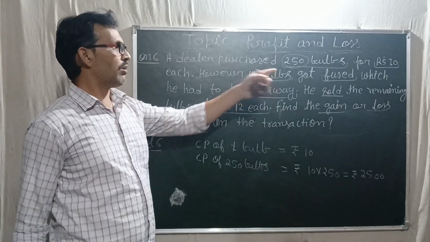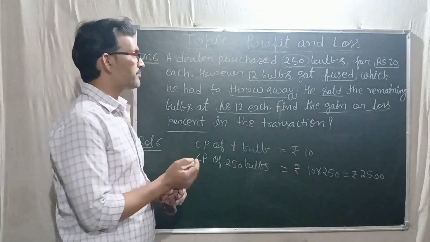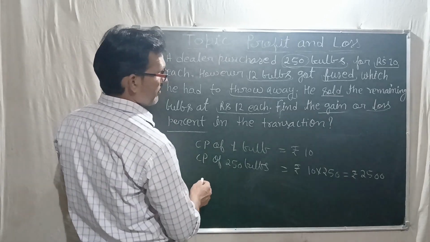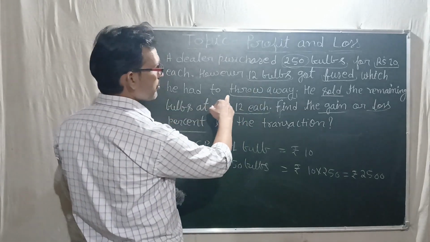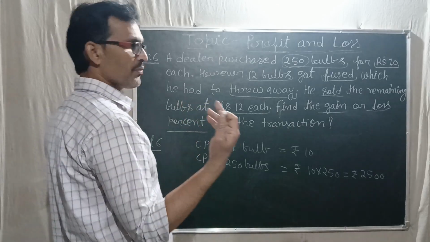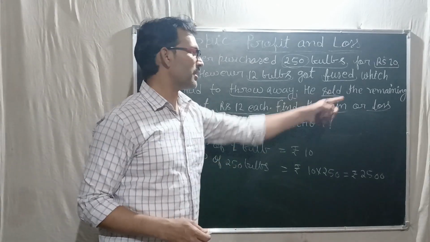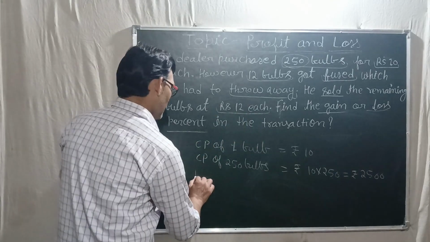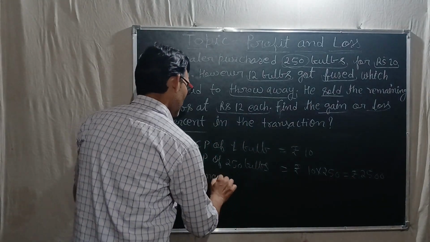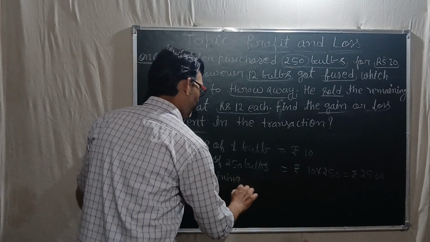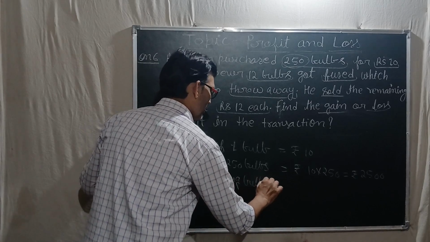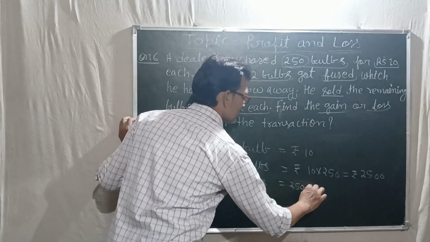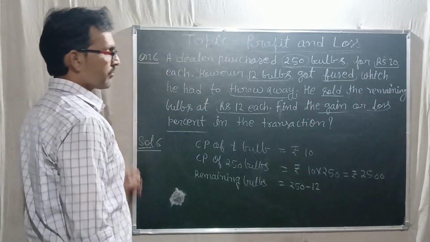However, 12 bulbs got fused. Now he had to throw away the bulbs which got fused. He sold the remaining bulbs at rupees 12 each. So the remaining bulbs are 250 minus 12, since 12 got fused.